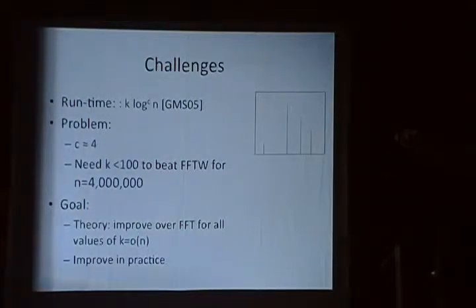So as long as k is smaller than n, we would like to have something that runs faster than n. And we also wanted to have practical algorithms, so that one can go beyond this low threshold and still improve over FFT. So that's the goal. So let's see.